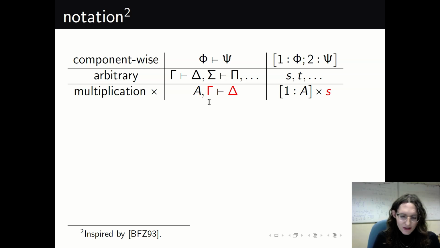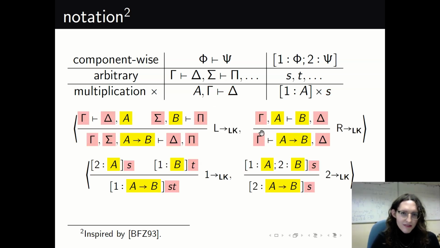Let's look at what this looks like in practice. So here we have the LK rules again, in the notation we've seen earlier with the active formulae in yellow and the contexts in pink. And you can see in our new notation now that the active formulae will be moved into this component-wise notation, whereas all of the contexts can be reduced to lowercase letters, right? Because this is an arbitrary sequent, gamma delta, and this arbitrary sequent sigma pi will be represented as t, and then we just multiply them, but we'll drop the multiplication sign moving forward.